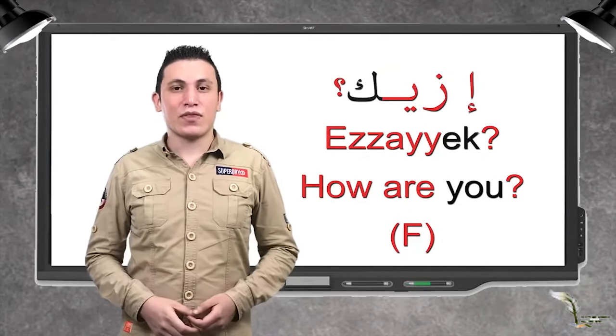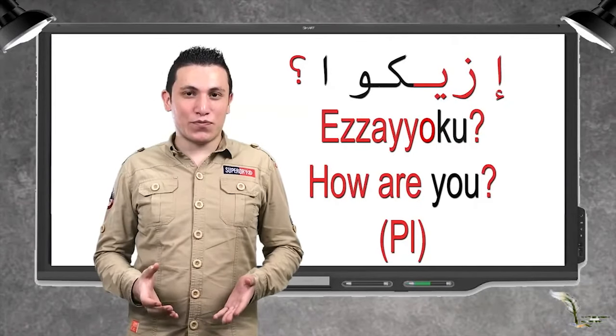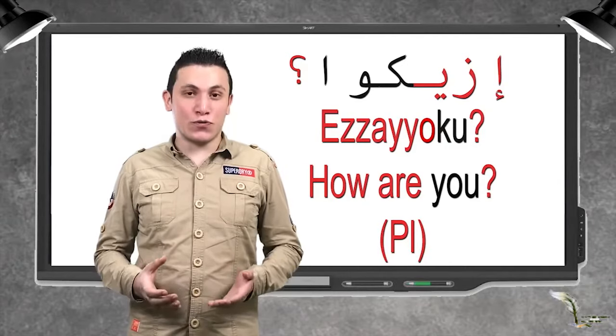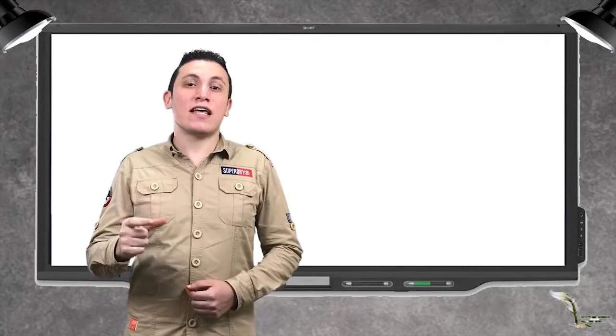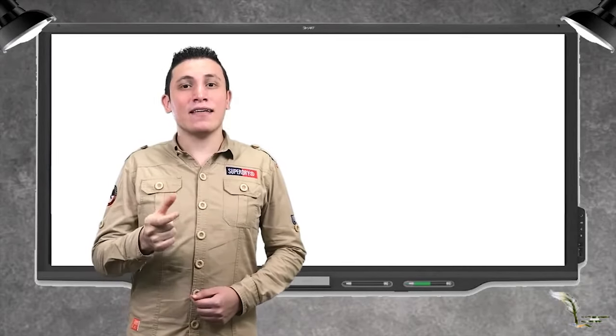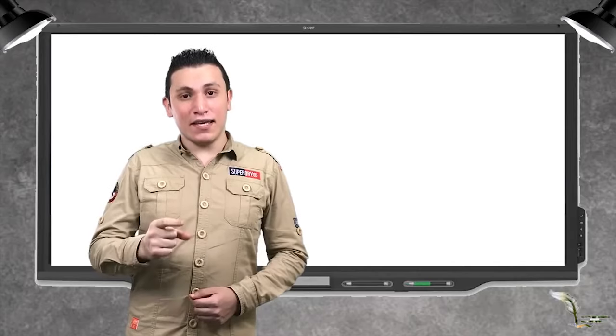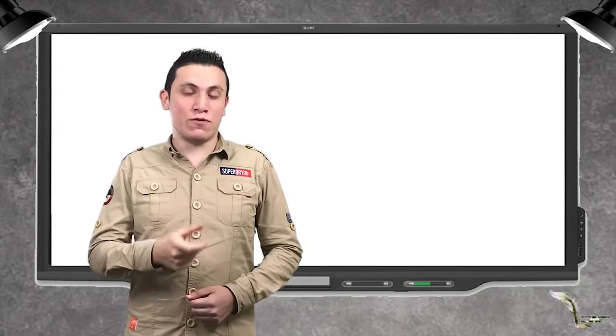In the plural form, ازيكو. While you memorize these questions, try to memorize the suffixes used in these three questions. Ak to a male, ik to a female, ku in the plural form.